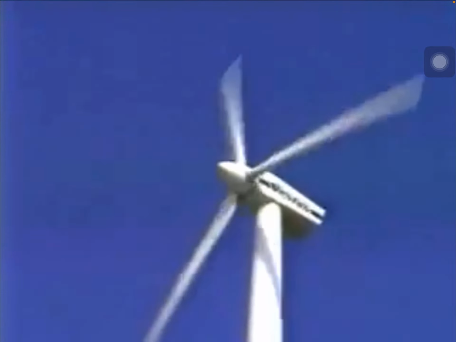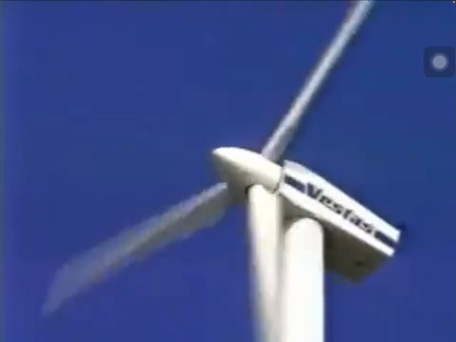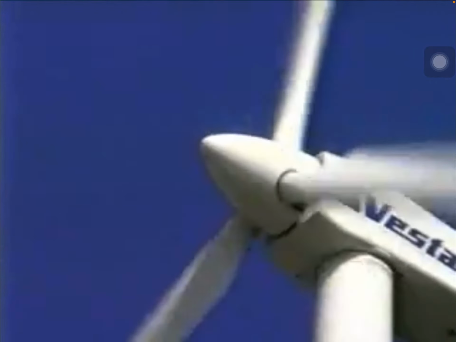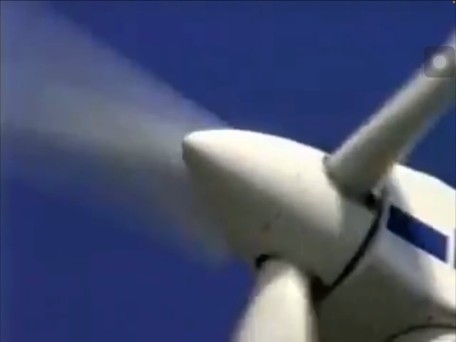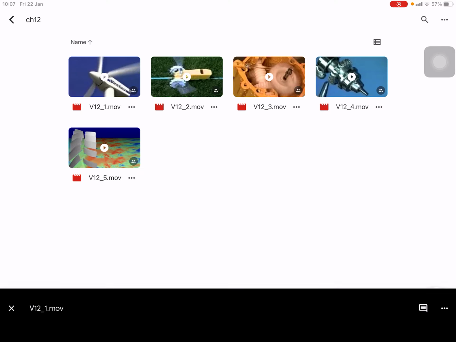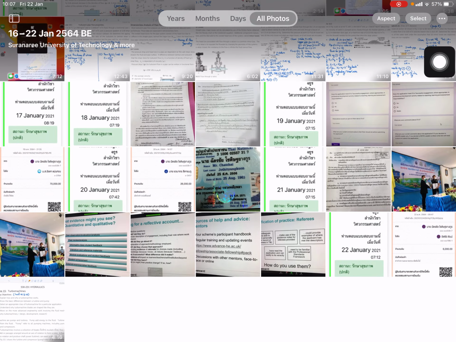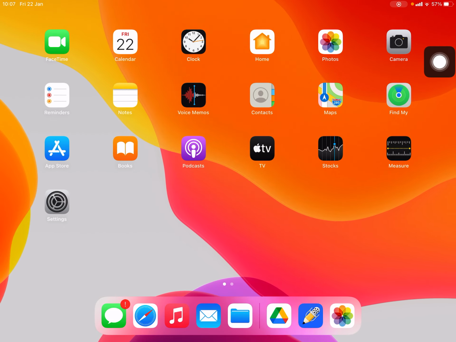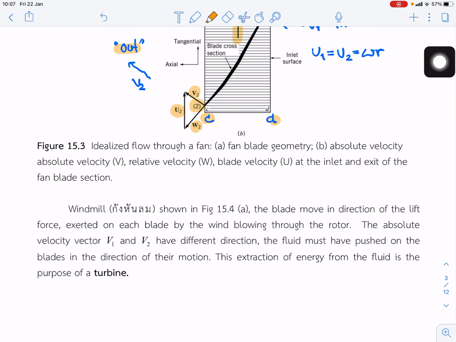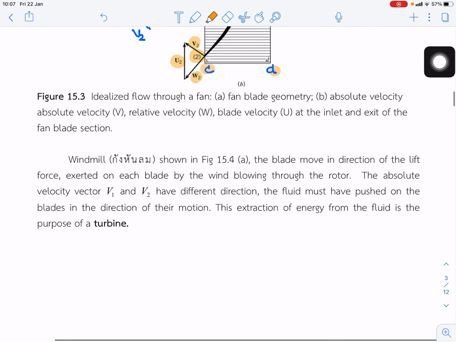Another case is the three-blade windmill. You can look at many places in Thailand for power generation, in Khao Yai Thiang and many places in Khun Thot. Okay, you can see what the windmill looks like.